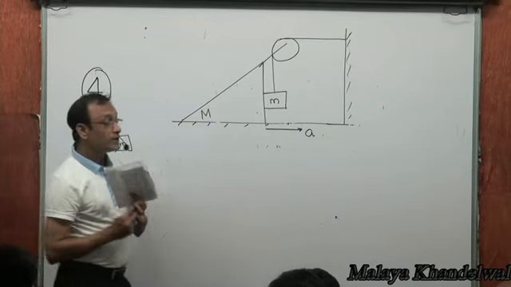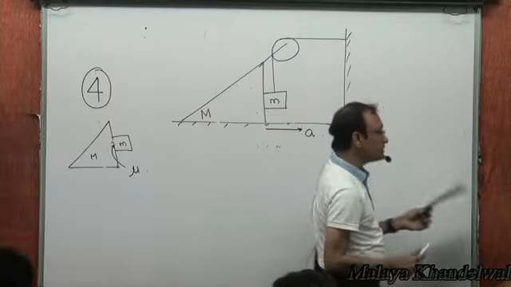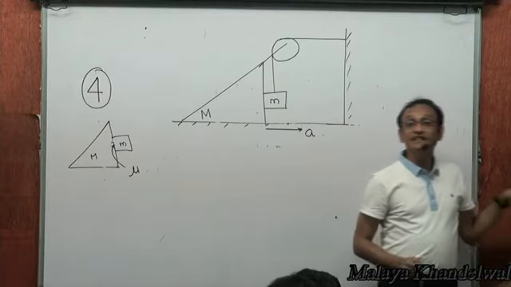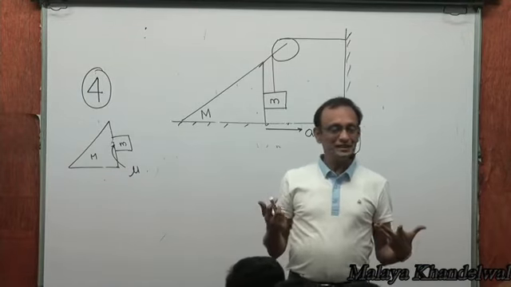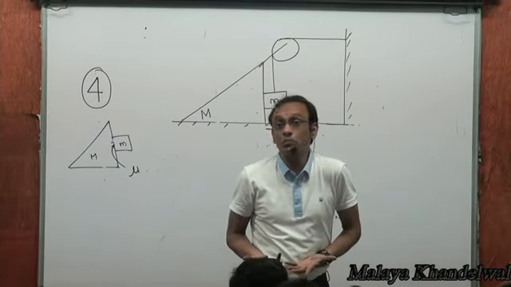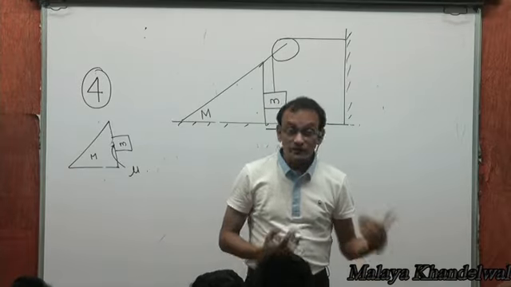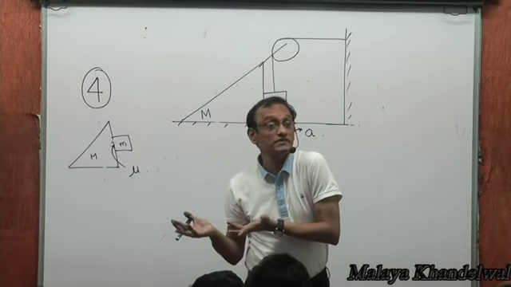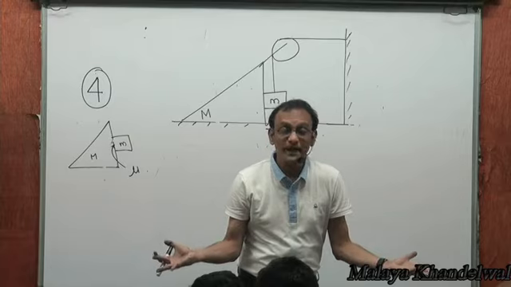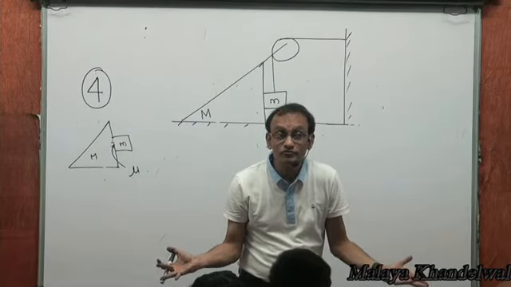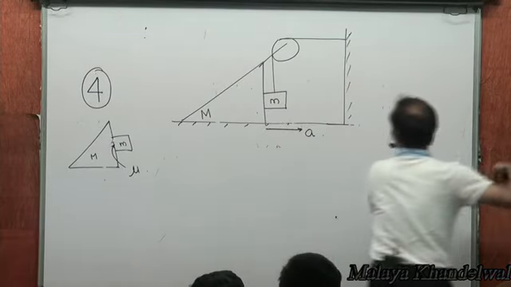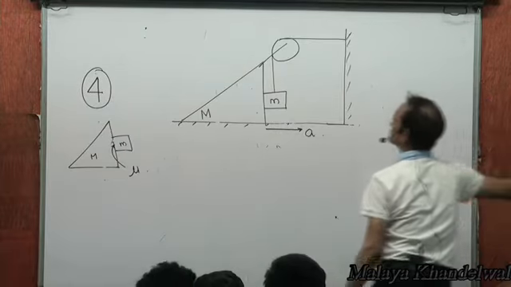Now, the net force on small m really would be a consequence of the net acceleration of small m. If I can find the net acceleration of small m as seen by a ground observer, then mass into net acceleration of small m will give me the net force, not just frictional force. What are the forces acting on small m, by the way?